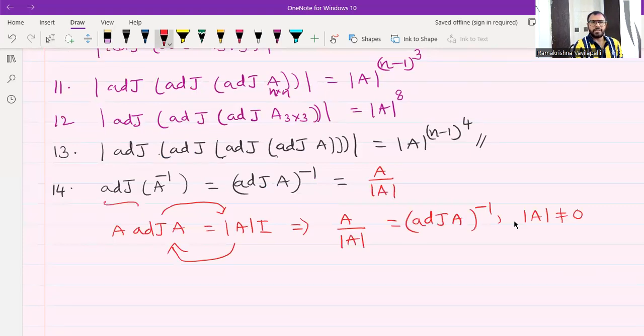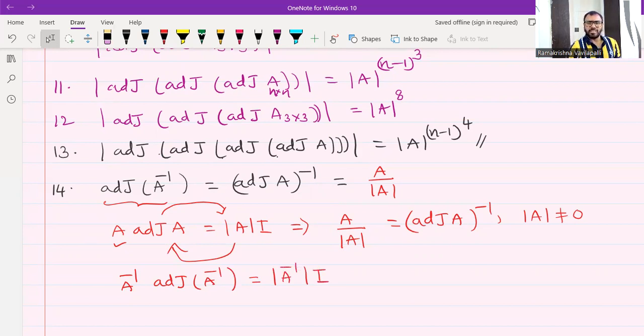But how do we prove this? Simple. In place of A, you write A inverse. A inverse into adjoint of A inverse is equal to determinant of A inverse into I. So send this A inverse to that side.